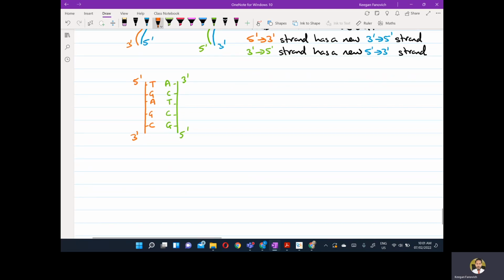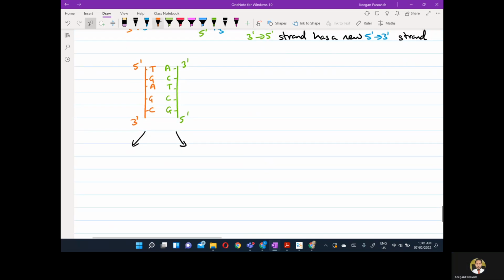If this is the code that we have, then when we split it up, and they break apart, you'll end up with this.